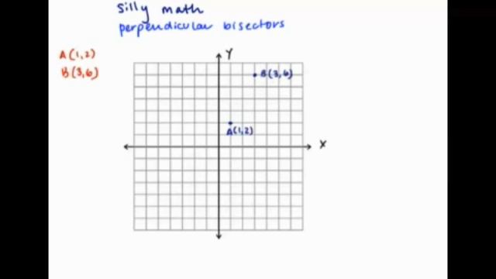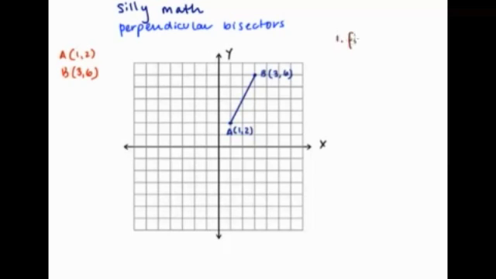And we should connect this with a line. And the question I propose to you is, what is the equation of the line of the perpendicular bisector to this line segment? Well, the first thing we need to do, so let's write some stuff down.